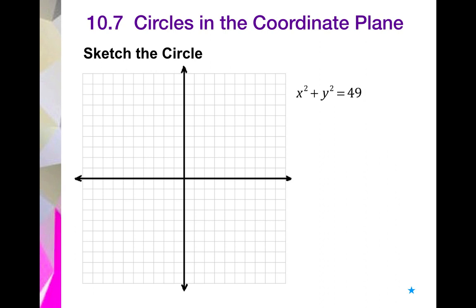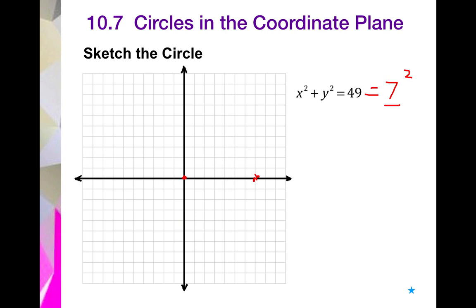So let's sketch this circle here. I've got this equation, and this equation says that x squared plus y squared equals 49. Well, we know that 49 is also 7 squared. So 7 is going to be the radius. So I have center at 0, and then I count 1, 2, 3, 4, 5, 6, 7 out here.